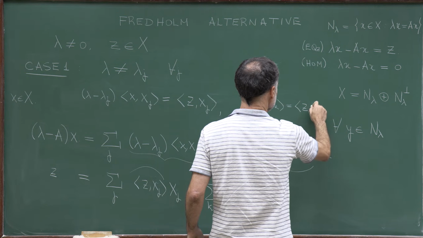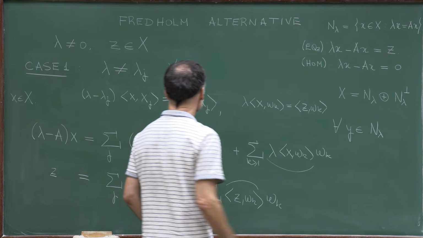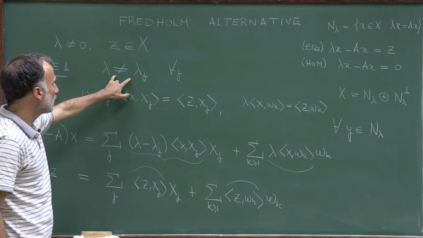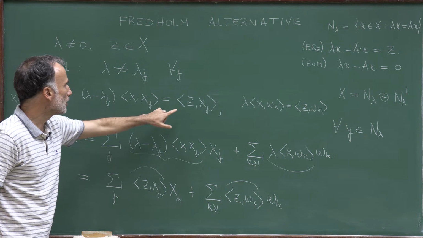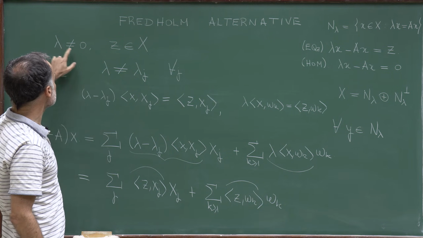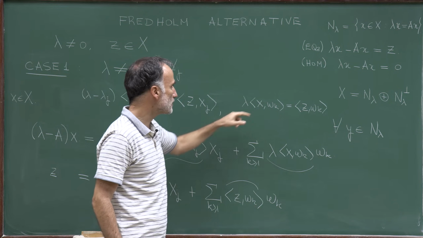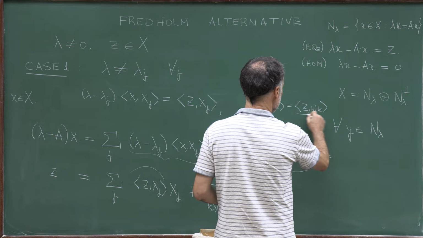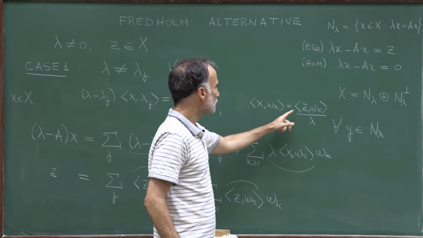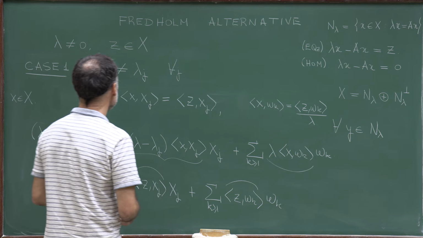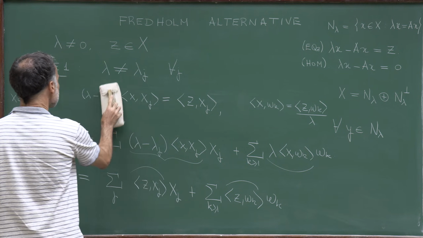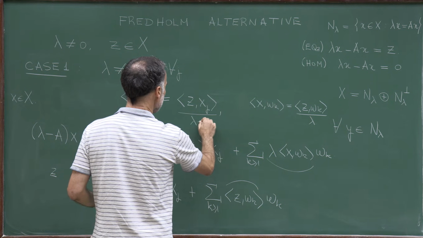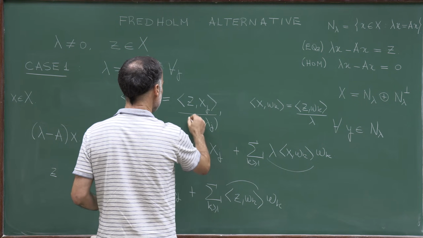Now, since lambda minus lambda j is different from 0, I can divide this identity by lambda minus lambda j. And since lambda is different from 0, I can also divide this identity by lambda, to get that (x, wk) should be equal to (z, wk) divided by lambda, and (x, xj) should be equal to (z, xj) divided by lambda minus lambda j.